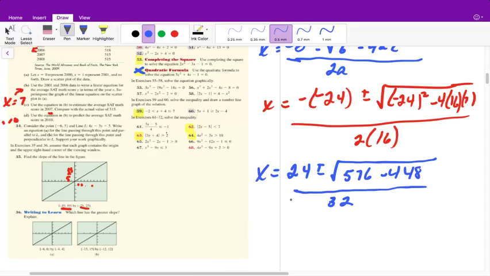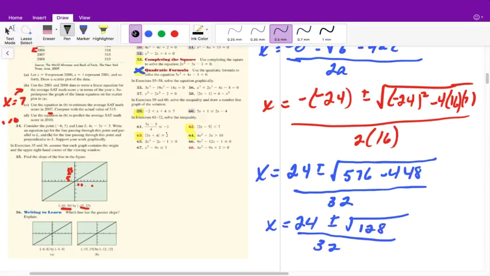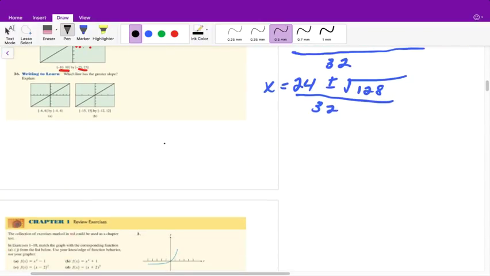So then we have x is equal to 24 plus or minus the square root of 128 divided by 32. Right now we need to go ahead and simplify this if we can. So we're looking to simplify the square root of 128.